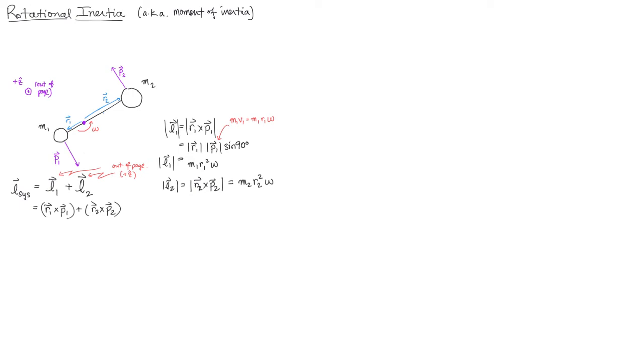So if we come back to an expression for the angular momentum of our system, we're going to have m1 r1 squared omega in the plus z-hat direction for the first angular momentum, plus the same thing for mass 2 and r2, also in the plus z-hat direction. So at the end of the day, we'll have m1 r1 squared plus m2 r2 squared, if we factor out that omega, all in the z-hat direction.